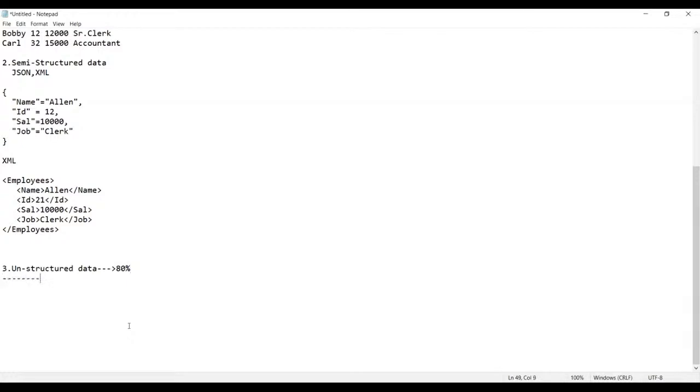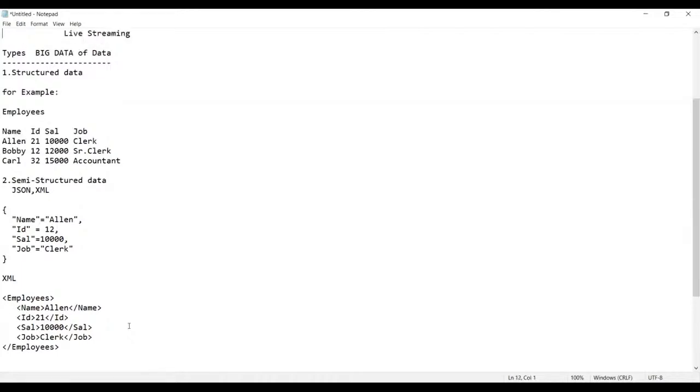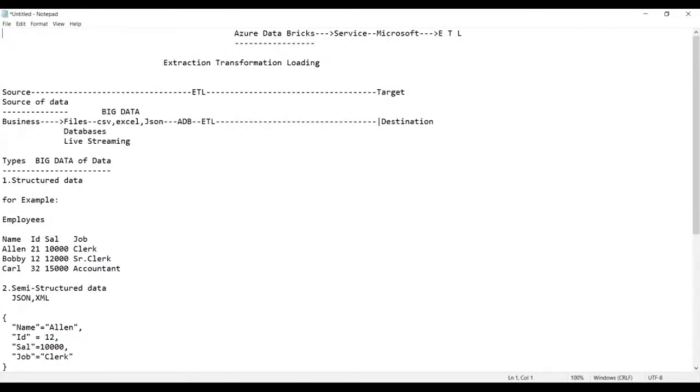Now the next one, guys, let us see an example. From the business, we get the data in the form of files, such as JSON, etc. We pull them into ADB, then we perform the ETL job.